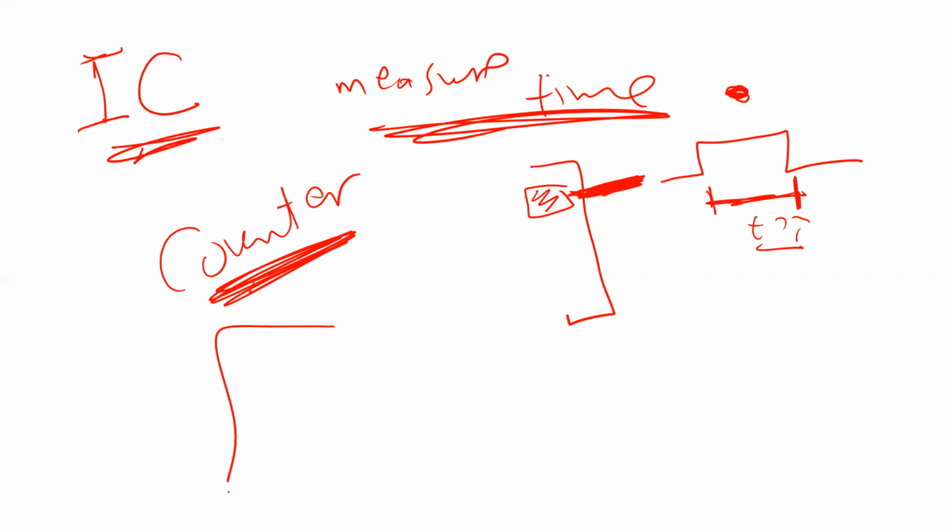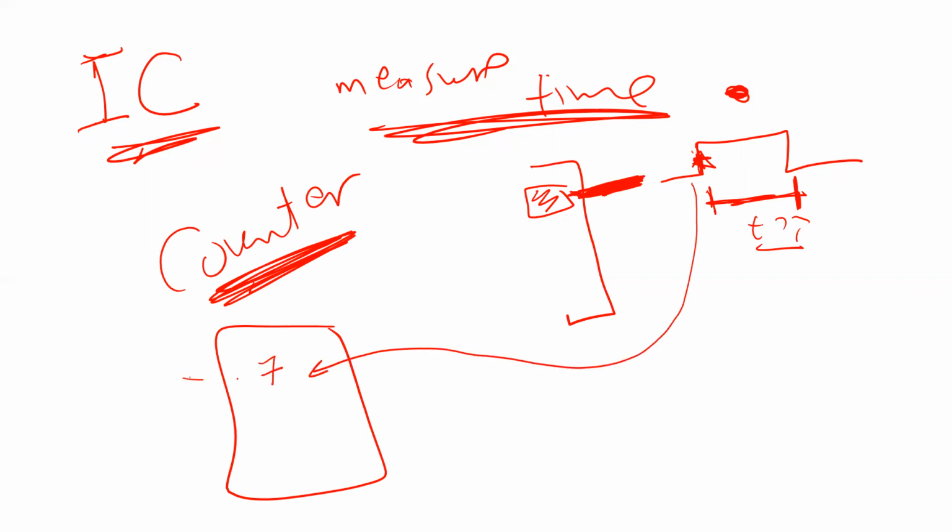Once a rising edge comes here, I need to know what the count was. For example, I was at count number 7. And then here, also, I need to know what the count was. For example, the count here was, for example, 17.